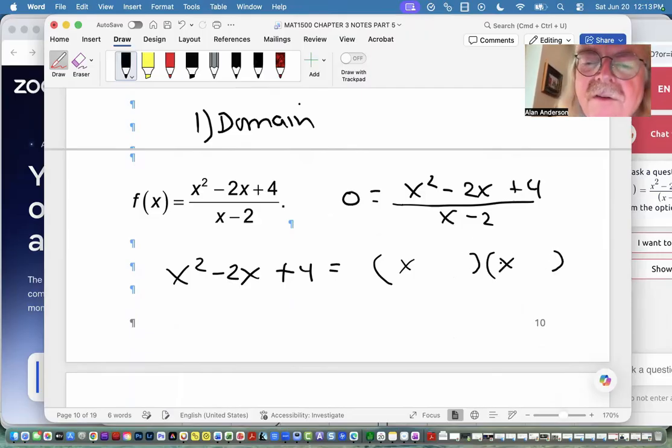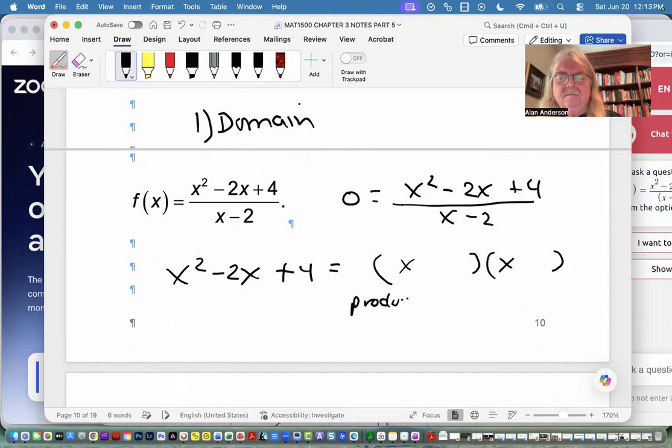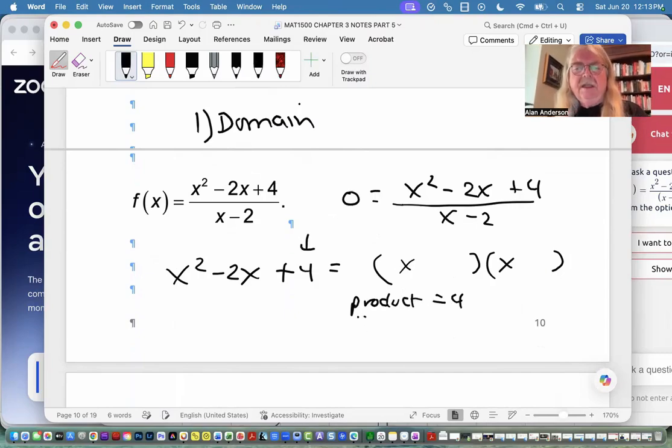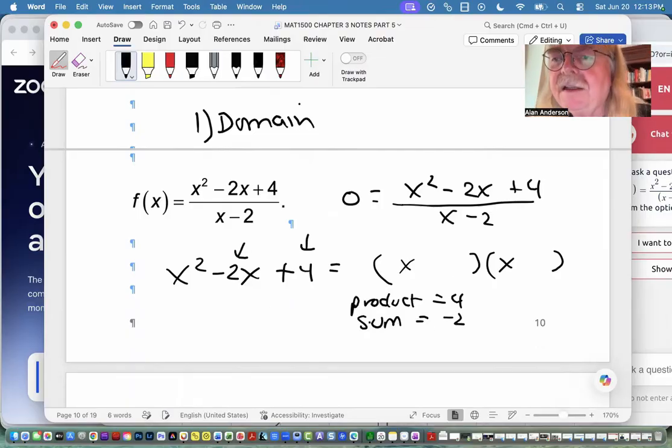In order to factor it, we need two constants whose product is 4 and whose sum is negative 2. Let's see if we can find two numbers that satisfy both of those requirements.